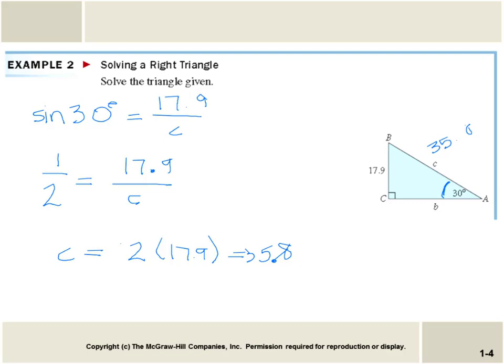So, Caesar, how do I find B? The Pythagorean theorem? That's one way. What's another way if we don't use that? That's not wrong, by the way.